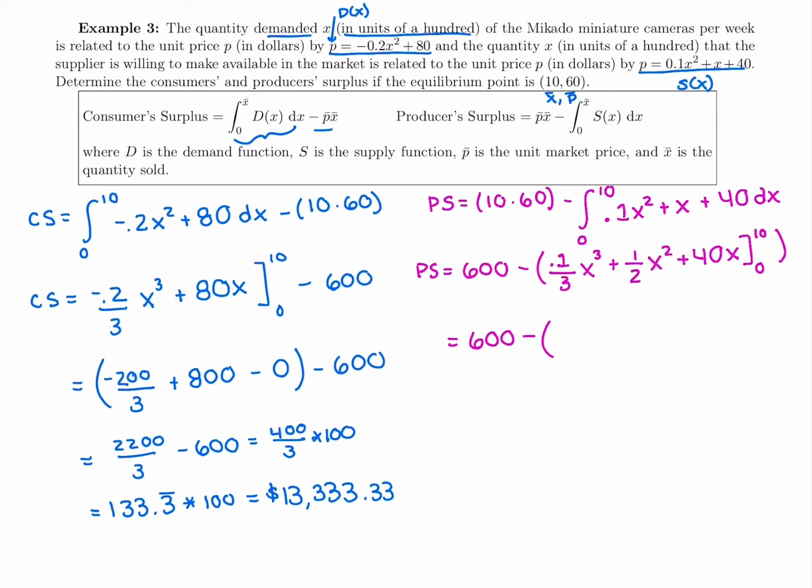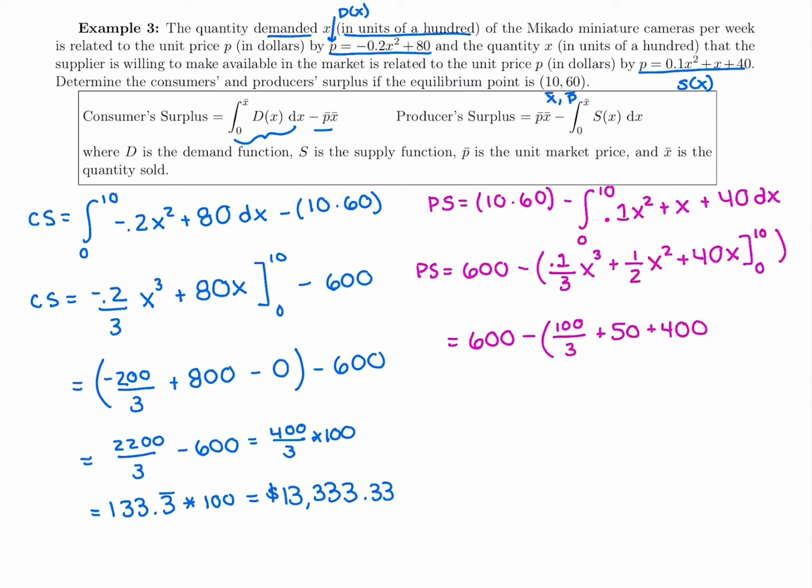I would leave it as a fraction if it's a decimal that doesn't terminate. And so the first piece, 0.1 times 10 cubed over 3 would be 100 over 3. You'd have 1/2 or 0.5 of 10 squared, which is 100, which would give you 50. And then 40 times 10 would give you 400.